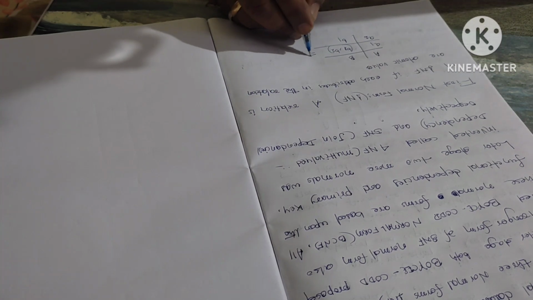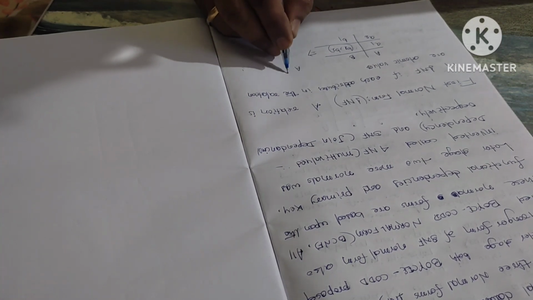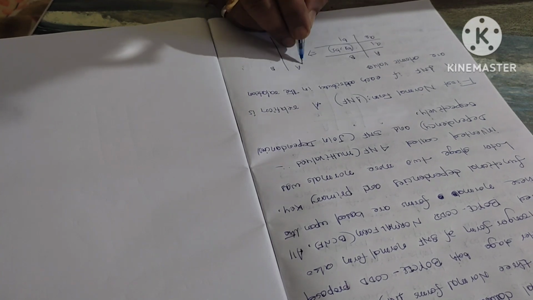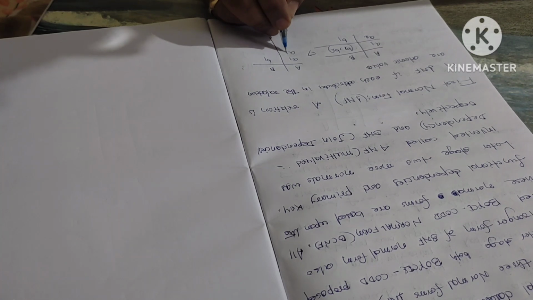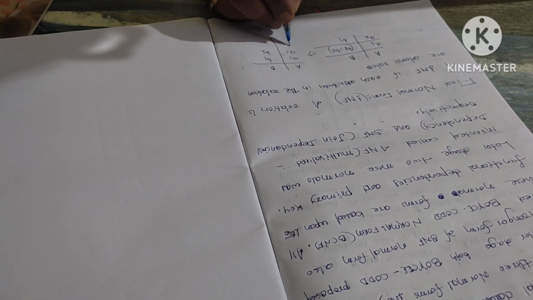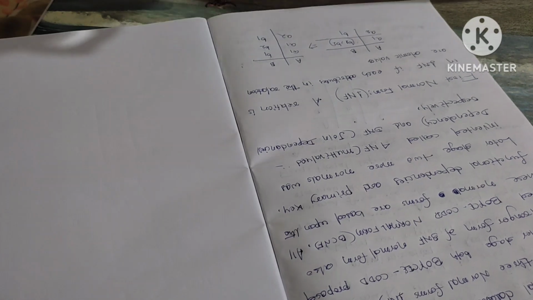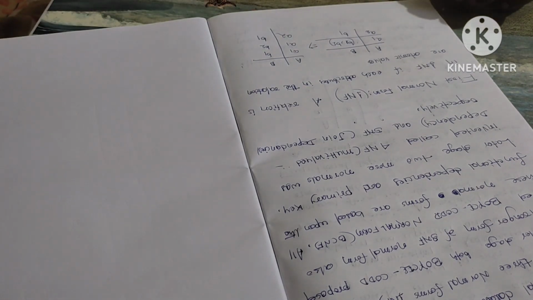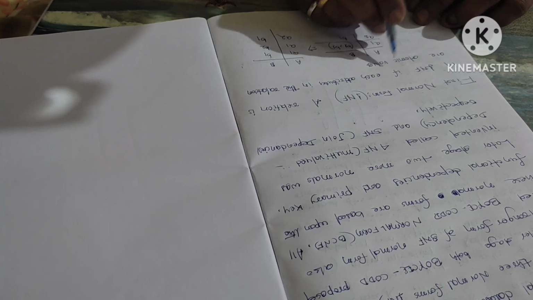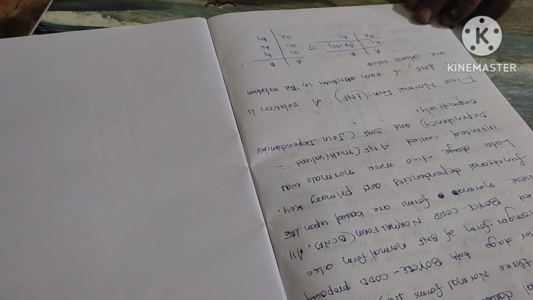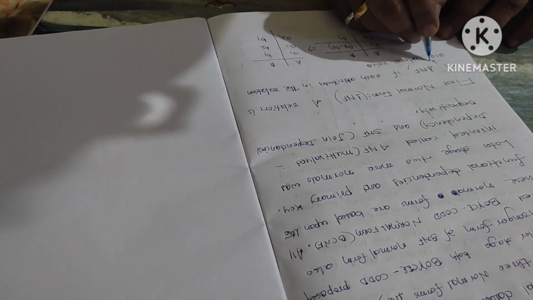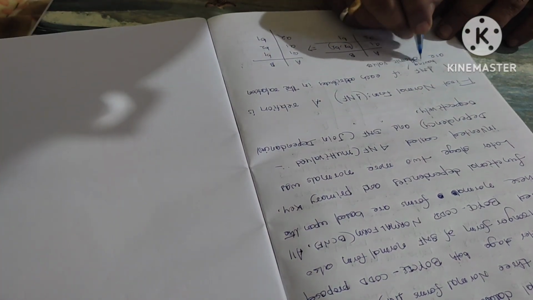We can decompose this relation into atomic values like A1, B1; A1, B2; A2, B1. So a relation is in first normal form if each attribute in the relation has atomic values.